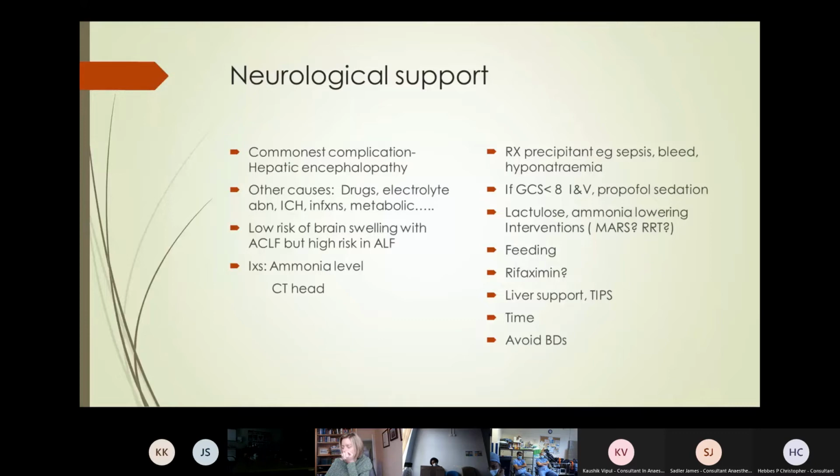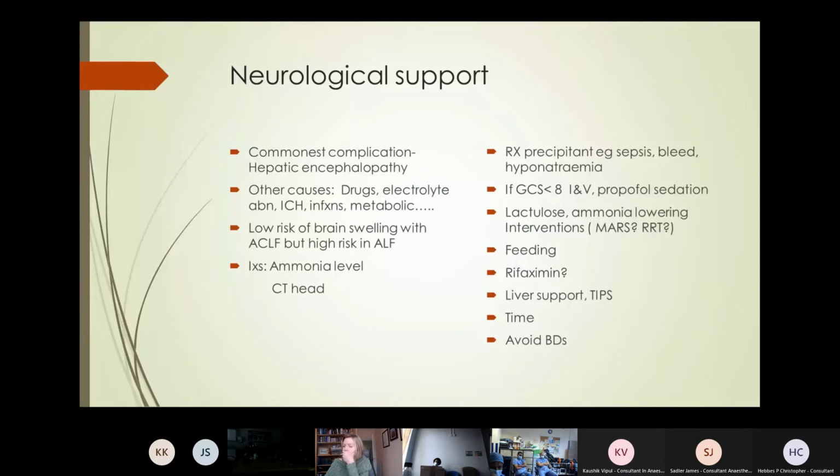One of the reasons to go on renal replacement therapy, especially for those patients who are for liver transplant and with probably good outcome, depending on the prognosis, you would want to think of early renal replacement therapy for such patients. Feeding: you need to start enteral feeding.